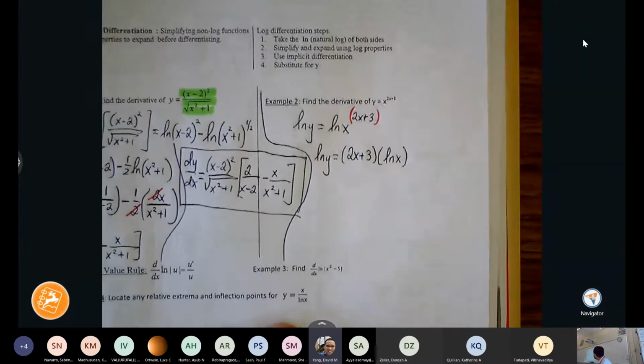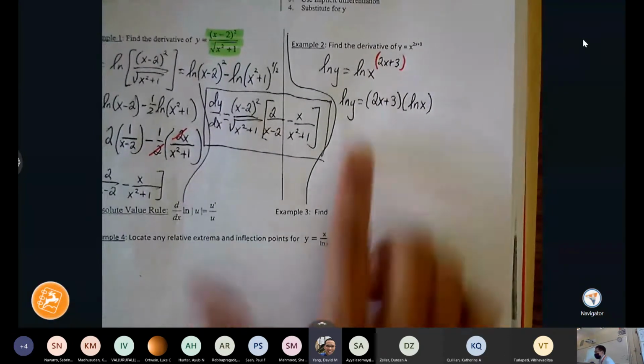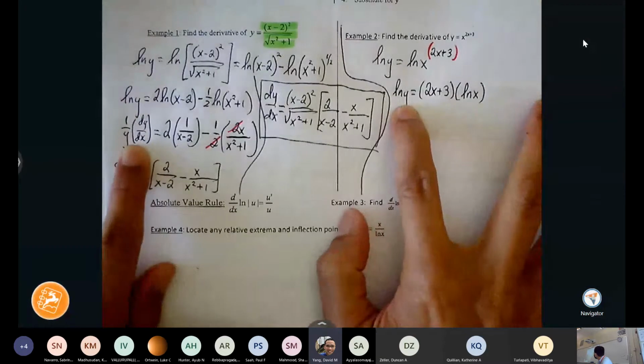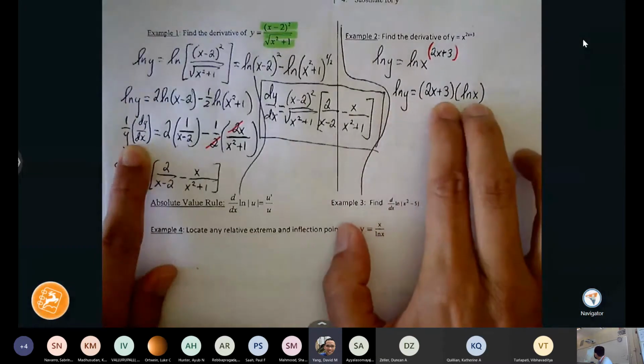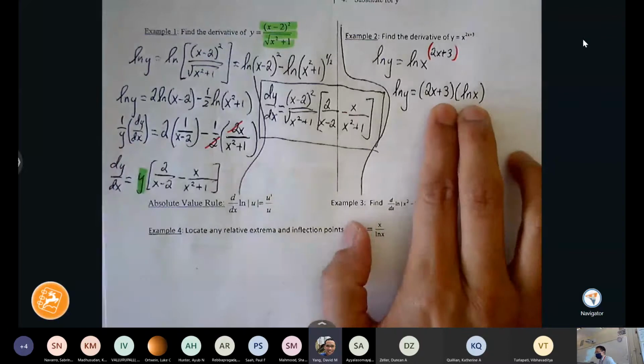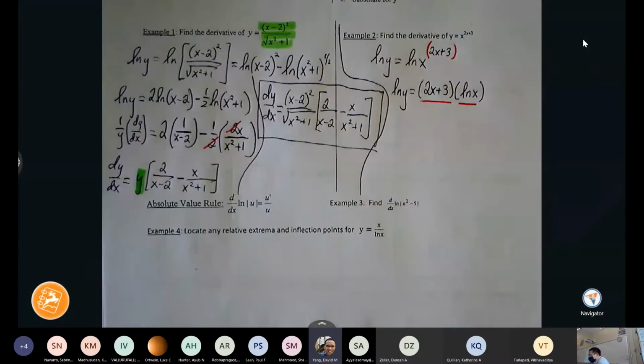And now we can think about the derivative step, right? There's nothing more to expand. The left side is always going to be the same. It's always going to be 1 over y dy dx. But the right side, in this case, what do you think we have to involve here if we want to find the derivative? How many expressions do you see? Oh, product. Product rule, yeah.